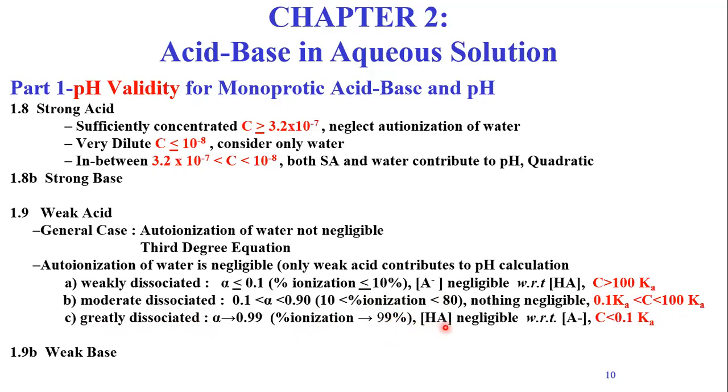In that case, HA is negligible with respect to A-. That means that the concentration of HA, there's nothing left over pretty much in solution. Most of it has been converted to A-.